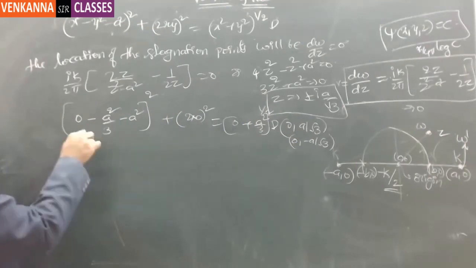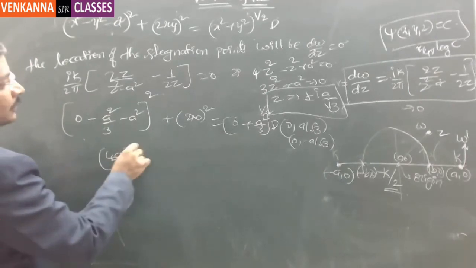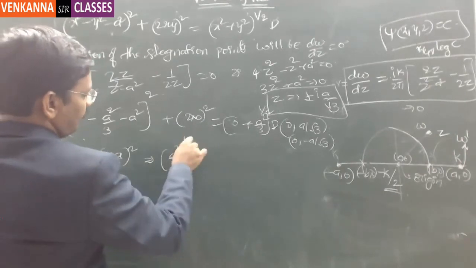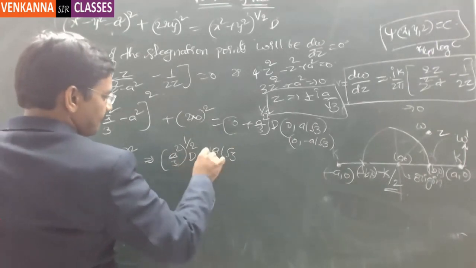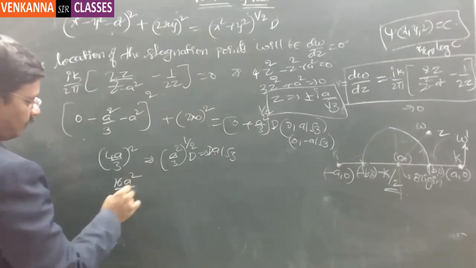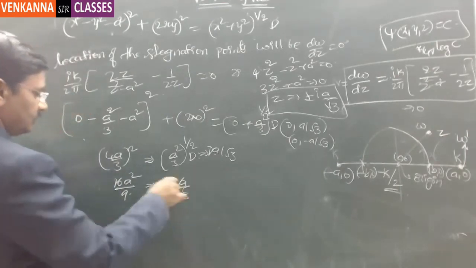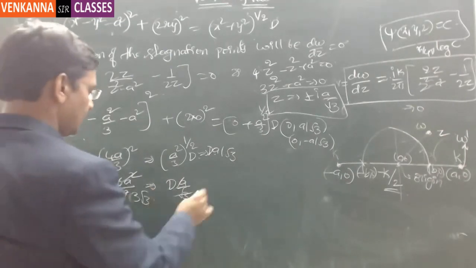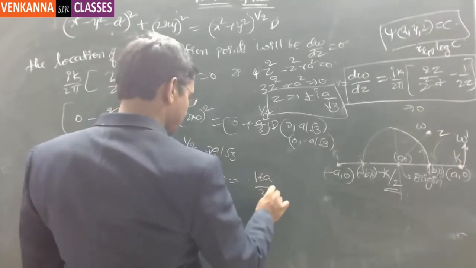So this is 4a square by 3 whole square, which equals a square by 3 whole power 1 by 2, that is a by root 3, into d. So 16a square by 9 is equal to d into a by root 3. This a will cancel and this is 3 root 3, then we get d is equal to 16a by 3 root 3.